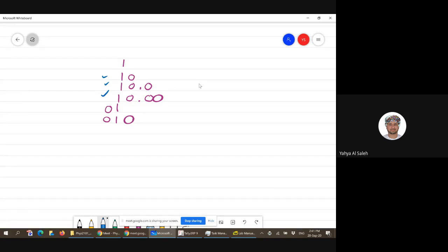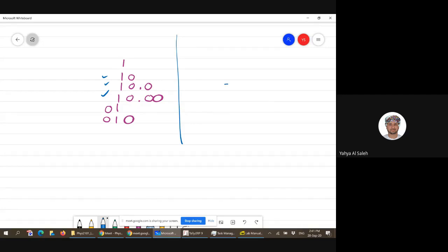Remember we said precision and accuracy. One of them has to do with what we call significant figures. You learned early on in your life something called rounding.